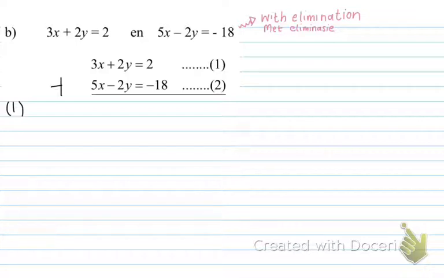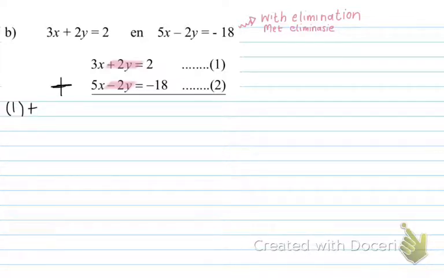We have to find a plan. But in this case, we are going to add the equations. Why? Because this 2y, this 2y minus 2y, if I add them, I'm going to eliminate the y. Okay, so I'm going to add them.